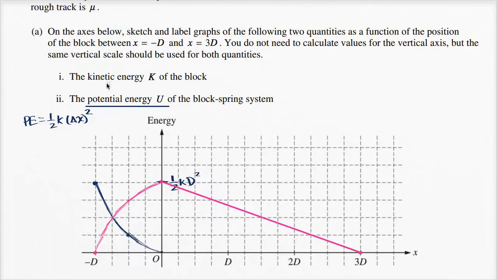So we have the kinetic energy, K, of the block. That's what I did in magenta. So this is the kinetic energy. And in blue, just to make sure I label it right, this is the potential energy.